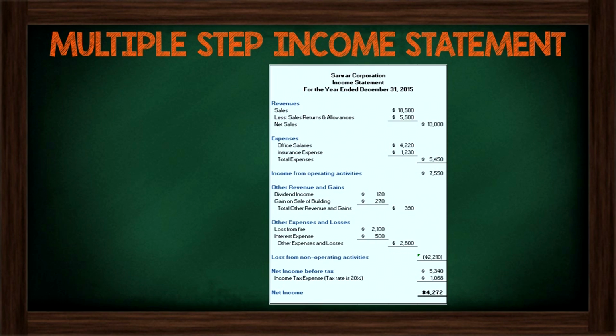The multi-step, however, organizes its information a little bit differently. It separates activities based on operating and non-operating. You don't really need to know that right now, but it's important to understand what's operating and what's non-operating because it's going to help you understand the second lecture video a lot better.